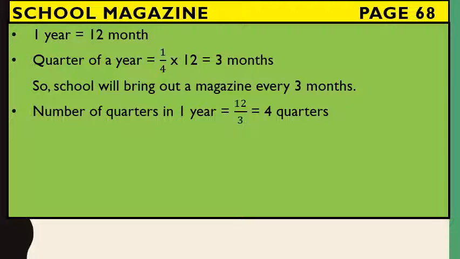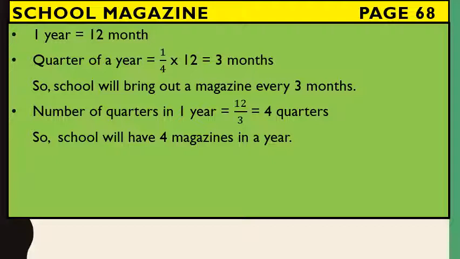Now, how many magazines will they have in a year? Children, there are 4 quarters in a year. So, they will have 4 magazines in a year.